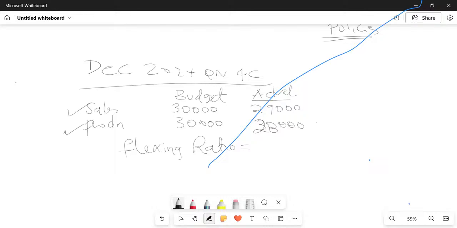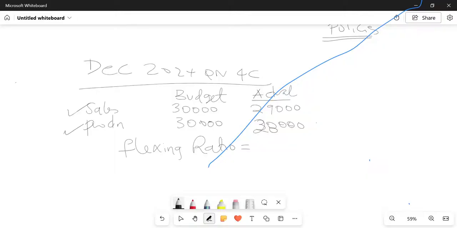This is an examiner who does not wish you success. Whenever they give you sales and production, remember to end up with expenses, the same cost of sales, because in this flexing concept, we don't have space for inventory.